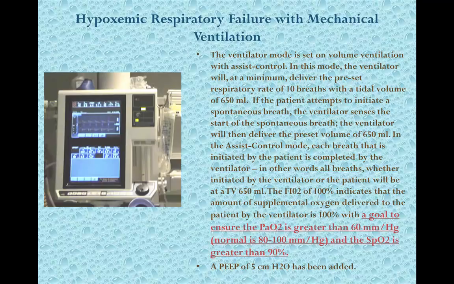Recall that normal is 80 to 100. Dr. Reed has mentioned multiple times that the goal is to ensure that the PaO2 is greater than 60. If the PaO2 ever falls less than 60, that is a critical turn of events for a patient. So 60 is minimally maintained.